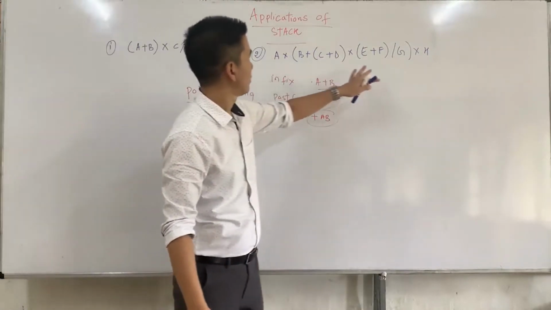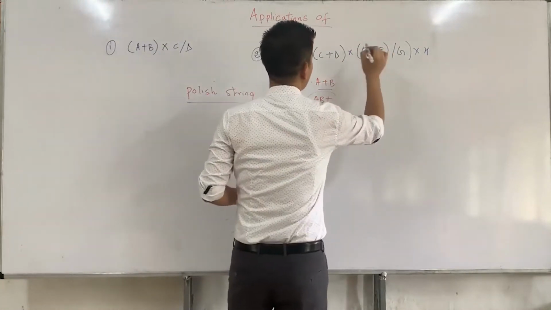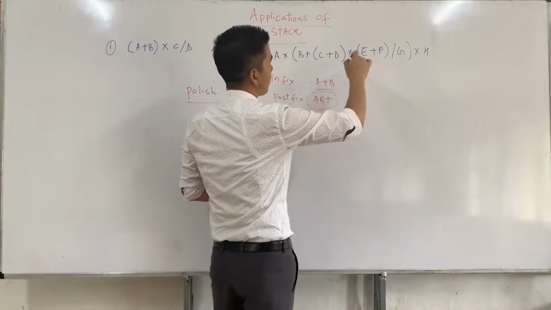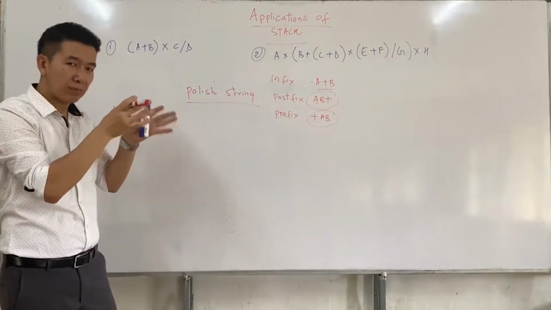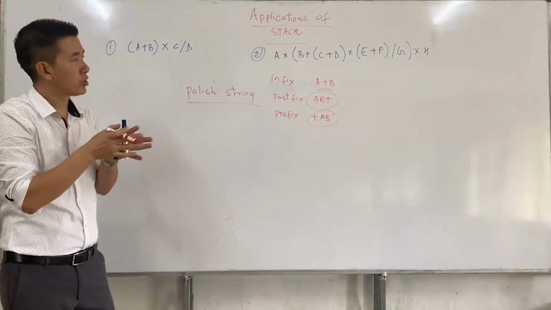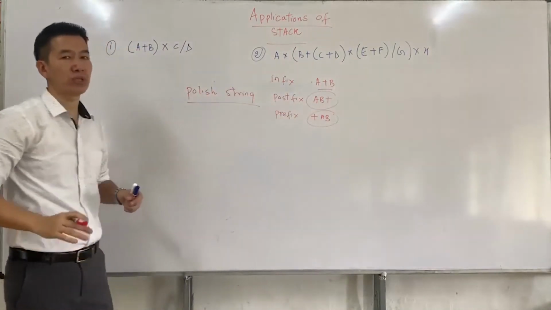It has to be the bracket first, these two first, followed by this and that. Even though it's simple to us, thanks to our intelligence we are able to evaluate these kinds of expressions with ease.